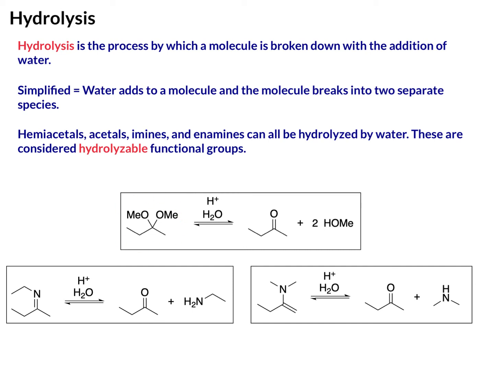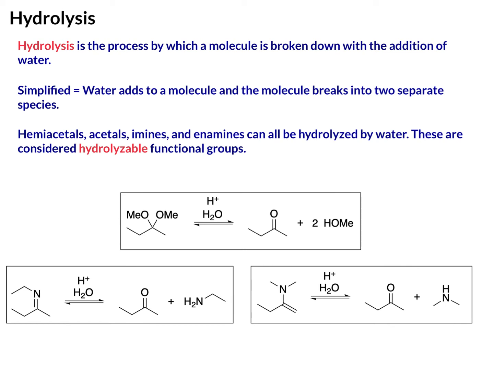Well, if instead we retain our acid, but we add a bunch of water, what that's going to do is drive the reaction to the other side. So if you take an acetal, acid, and a bunch of water, now you're souping up one of the reactants, which will disturb the equilibrium and push it in this direction. So we can hydrolyze this acetal to the ketone and the two equivalents of alcohol.